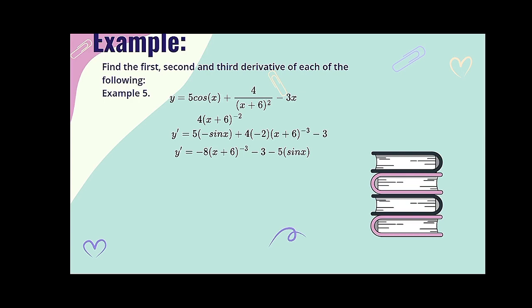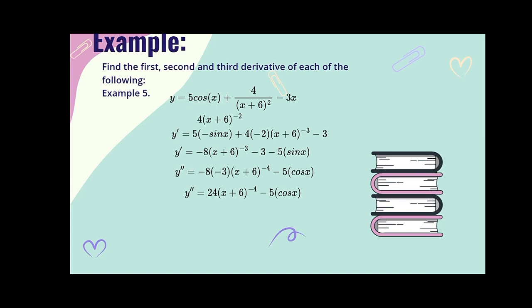For the second derivative, negative 8 times the negative 3, which is the exponent of the quantity x plus 6, and copy the quantity x plus 6, and negative 3 plus negative 1 is equal to negative 4, which is the exponent. Then negative 5, the derivative of sine x will become cosine x.